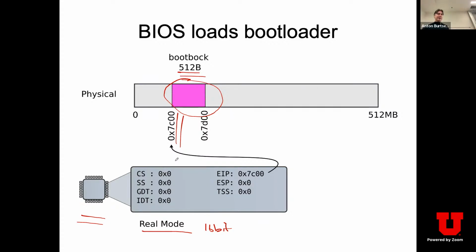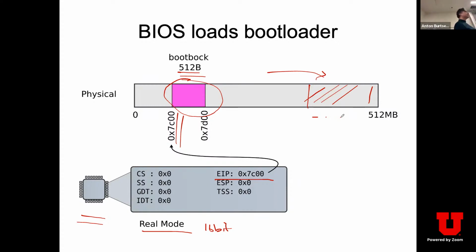Now our instruction pointer exactly points to 7C00. That's the protocol between the BIOS and the rest of the system. At this point, BIOS should quit. Unfortunately, it still is running in system management mode, hidden somewhere from us. We cannot even access this memory, but whatever. Assuming it's not running, now we are running.